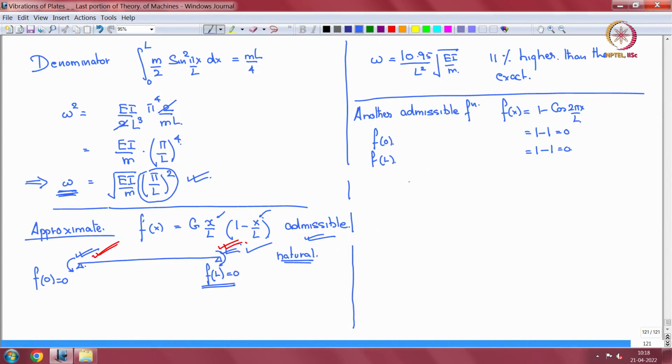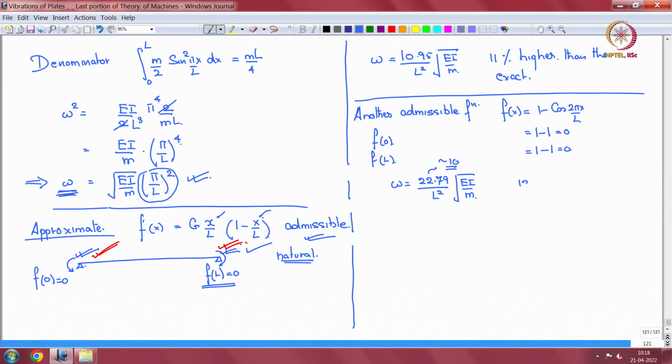If I now use this, I get an omega of 22.79 by L square root of E I by M. And I told you the actual value here is close to 10. So you can see how much different this is.